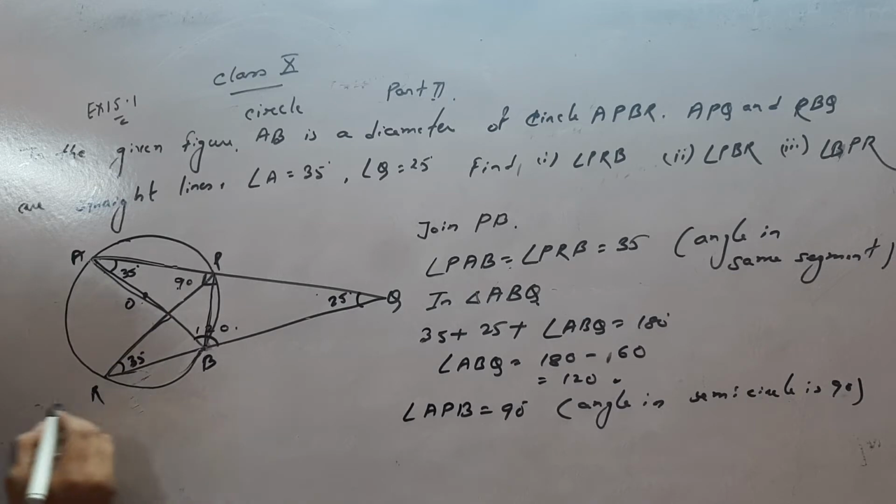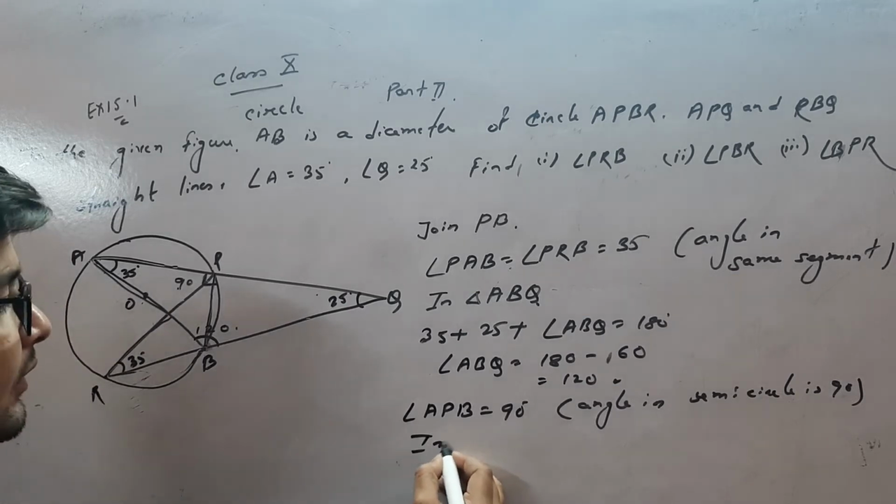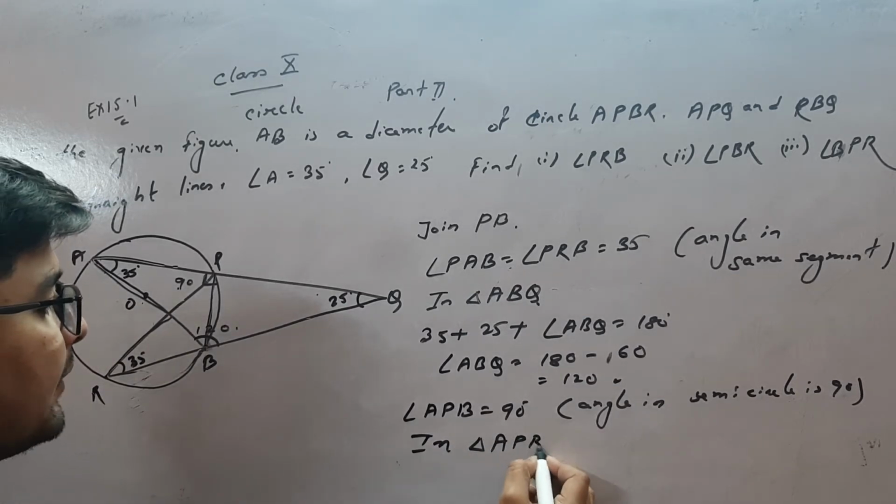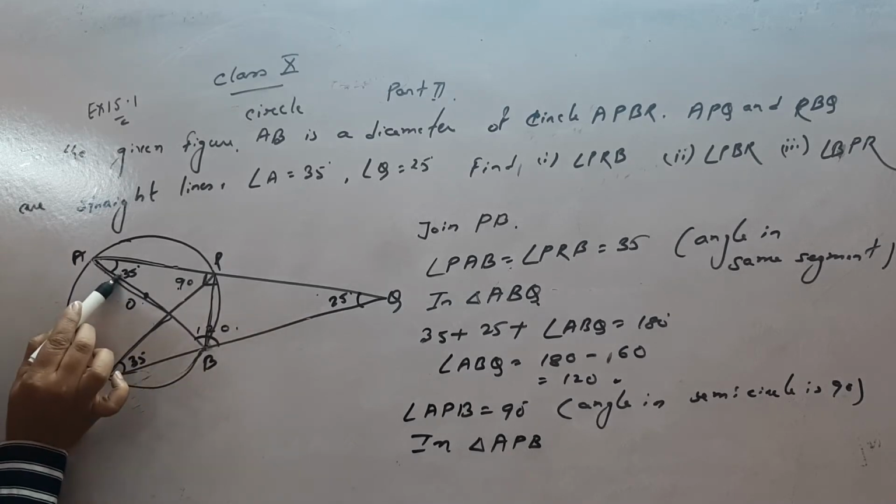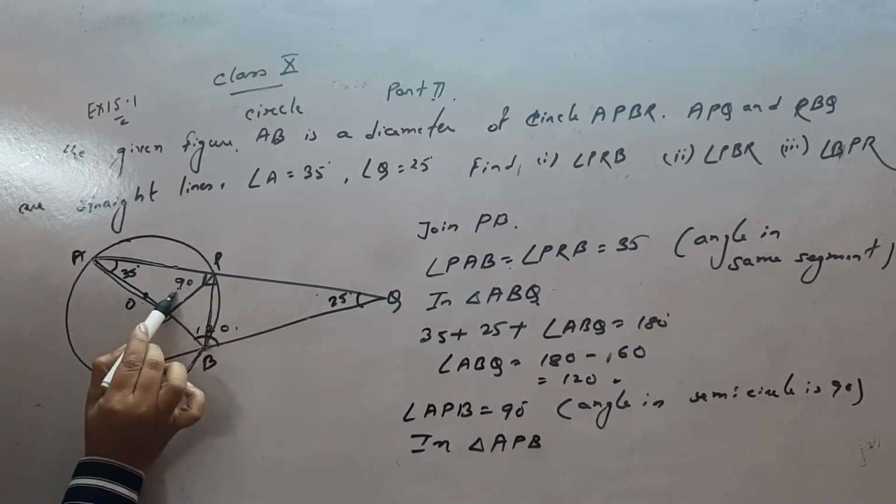So in triangle APB, see this one is 35, this one is 90.